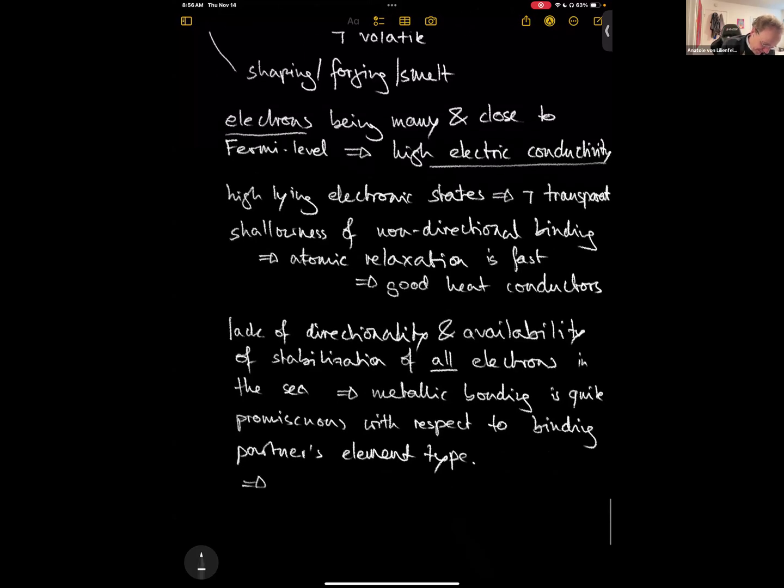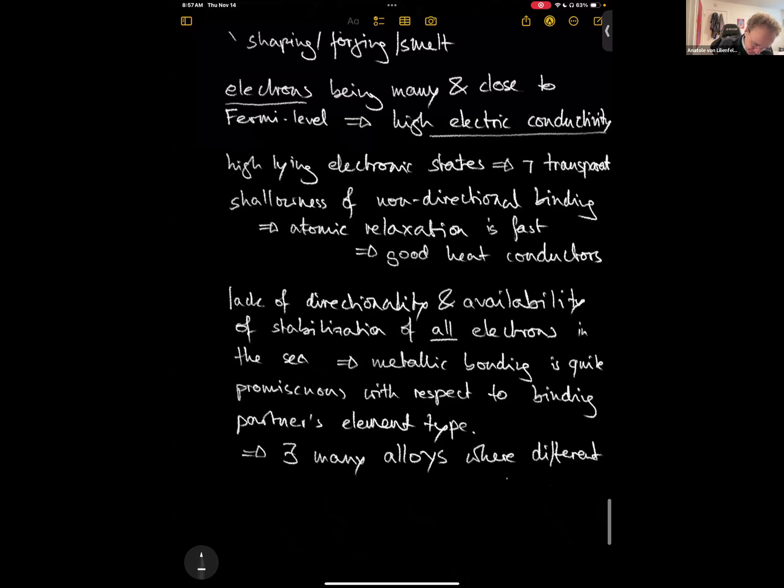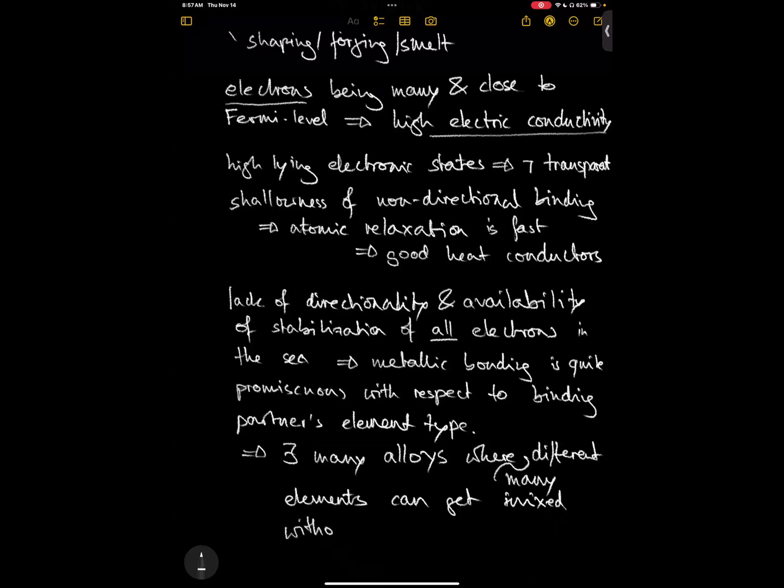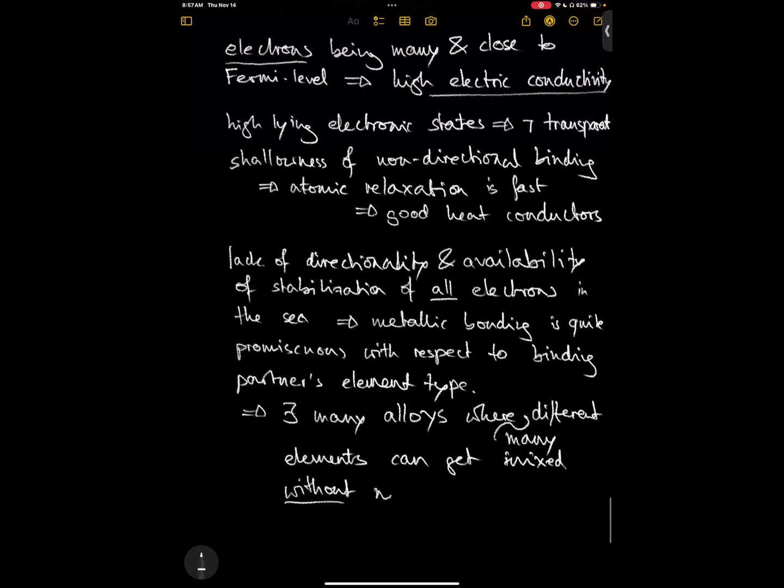In other words, there are many alloys where even many different elements can get mixed without need to change the crystal structure.